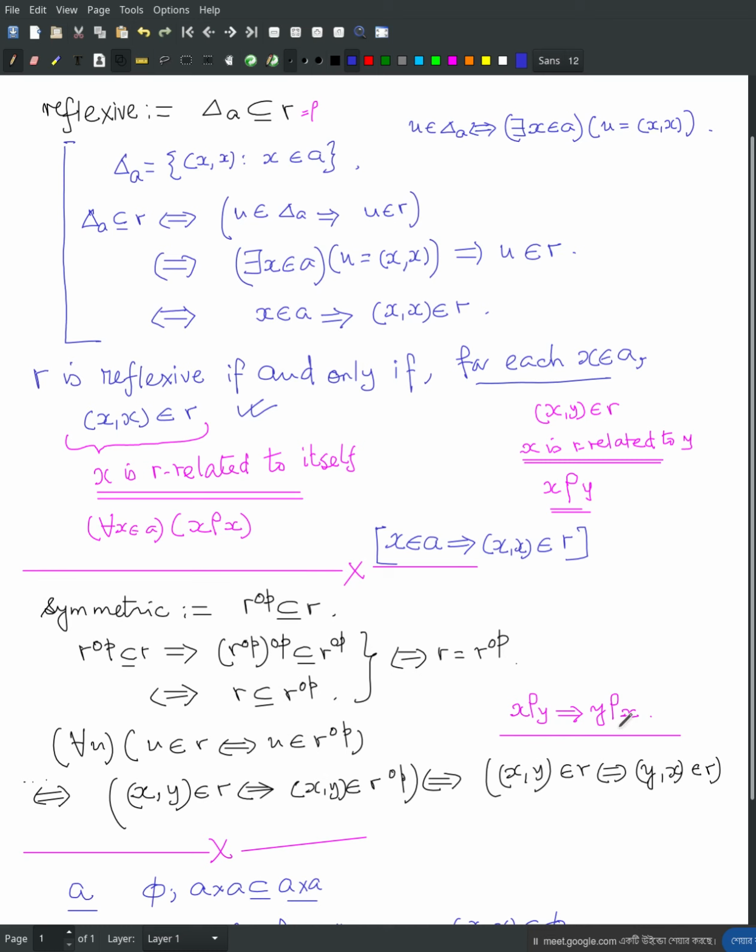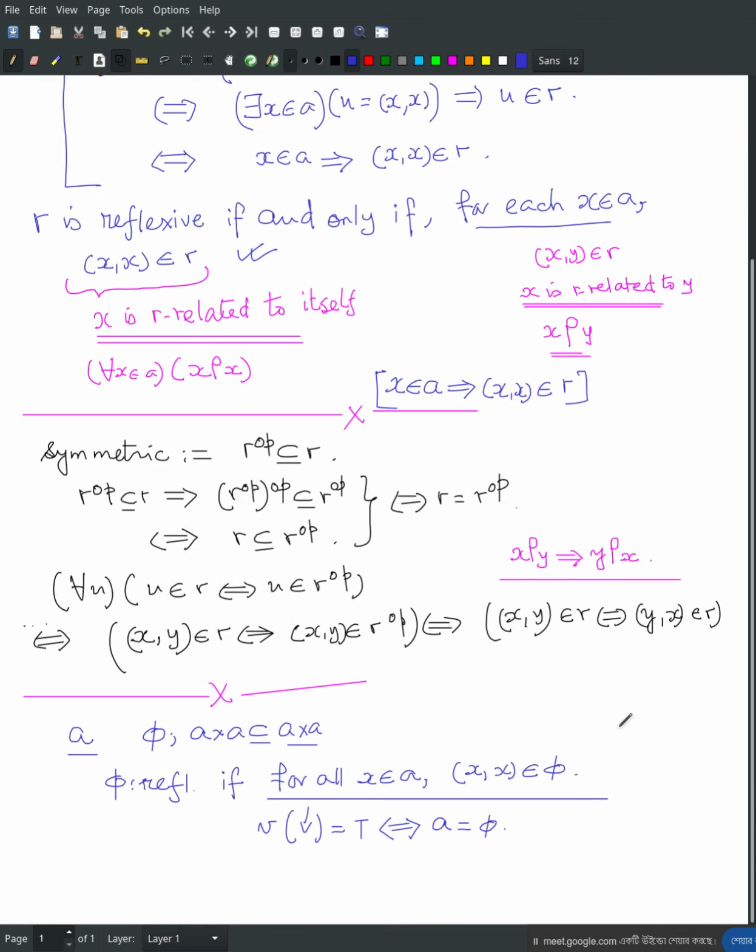So implication statements, as we saw from the first day, are to be carefully taken, right? There are things called vacuous implications and so on. So phi is never reflexive. The empty set is never reflexive unless it is defined on the empty set itself, right?